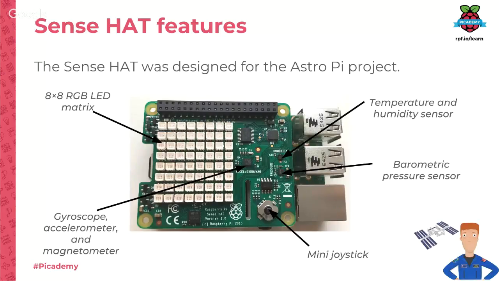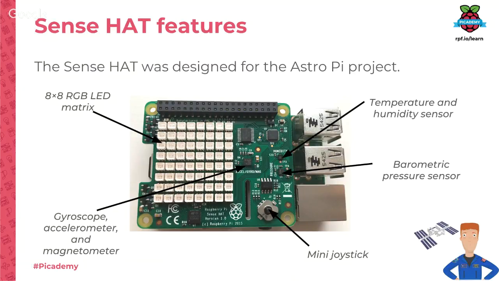So the SenseHat was designed specifically for the AstroPi project, but you can use it in all sorts of contexts. The reason we particularly love the board, and it's really popular amongst educators, is first of all, we have this 8x8 grid of LEDs. Each of these LEDs we can light with a certain amount of red, green, and blue to produce a color.